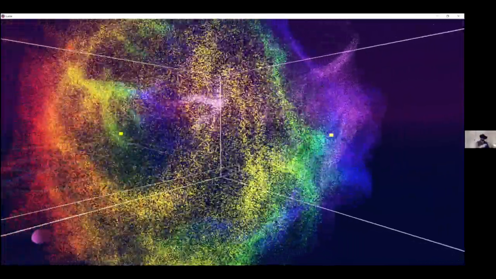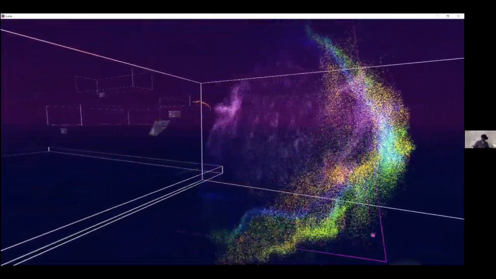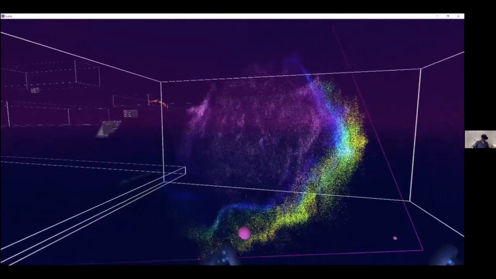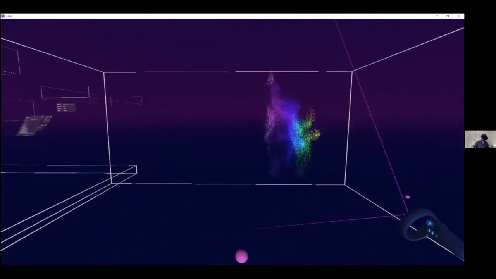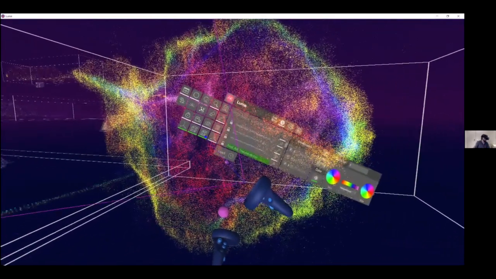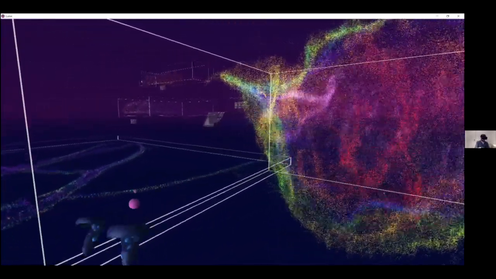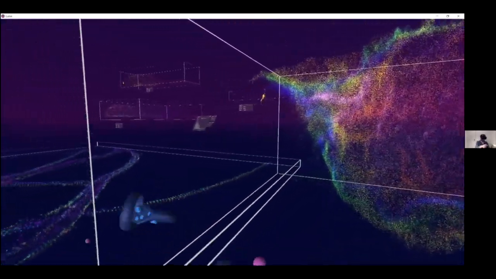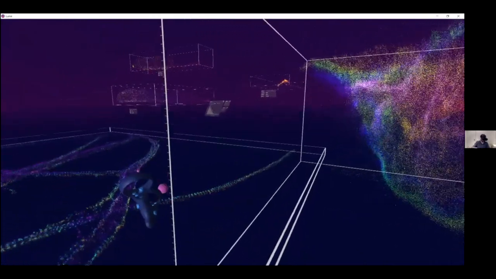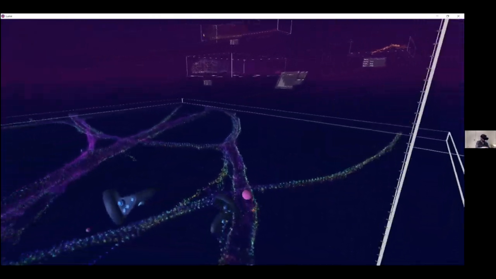We can start cutting it, slicing it, seeing what's happening in different areas. And we have a range of different tools in here to be able to analyze this data.